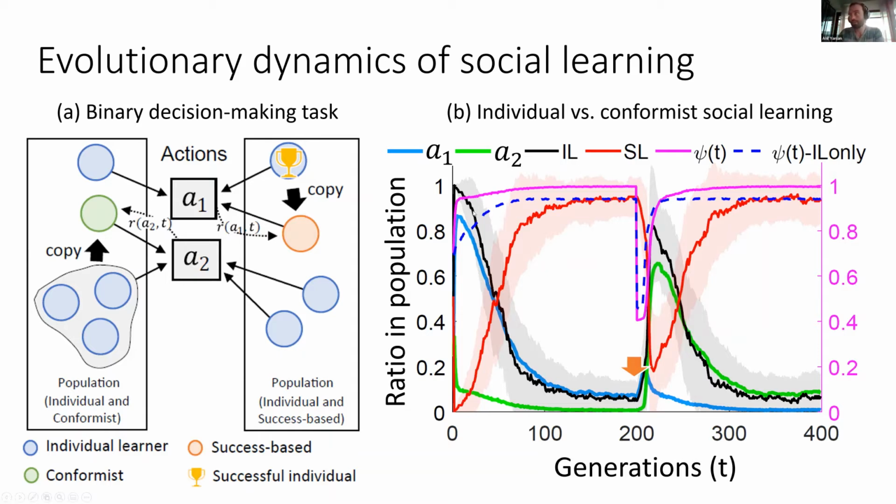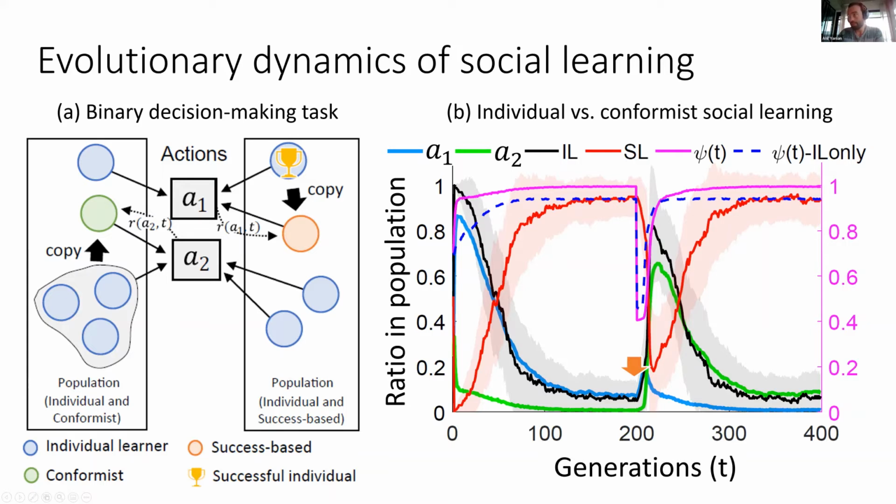So for instance, here, starting in the beginning, of course, they don't know which action to select. They randomly initialize, and they keep their own model of which action to select. Basically, each action has a certain value. This is a very simple reinforcement learning, like an epsilon-greedy algorithm, for individual learners. And social learners, as I mentioned, just copy. There is no exploration.